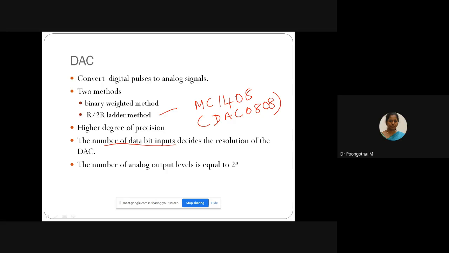Most common input counts are 8, so your input count can be 8 or 10 or 12, etc. Suppose there are n digital inputs, in that case it can generate 2 power n analog levels.